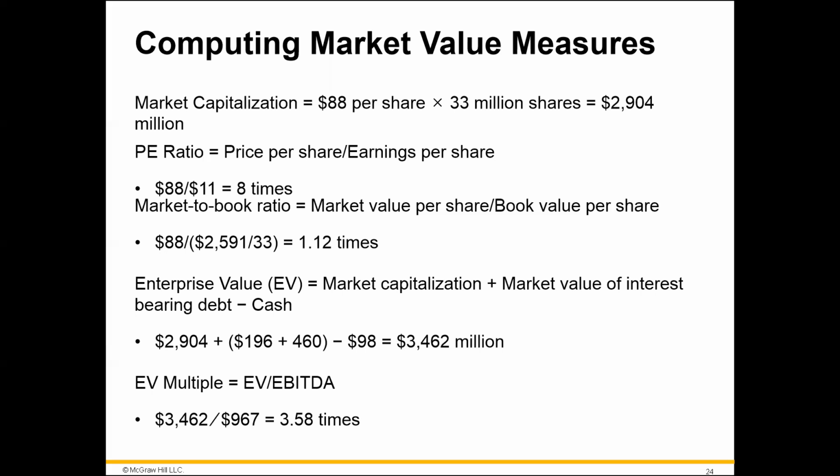This EBITDA ratio is very similar to the P/E ratio, but it values all of the operating assets relative to a measure of the operating cash flow generated by those assets, right? So this is a more comprehensive measure to compute the market value of the company, right?